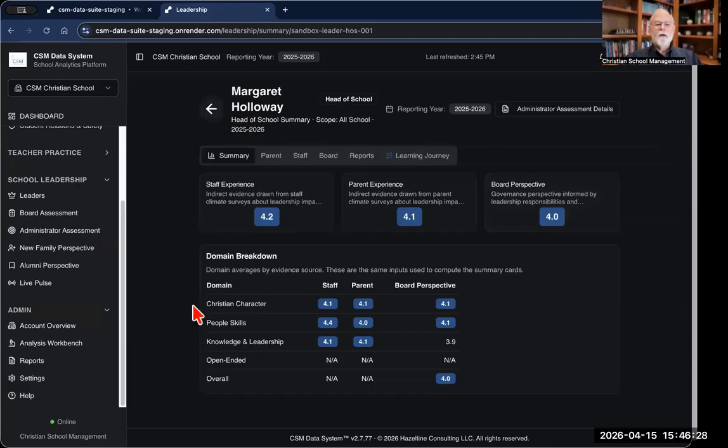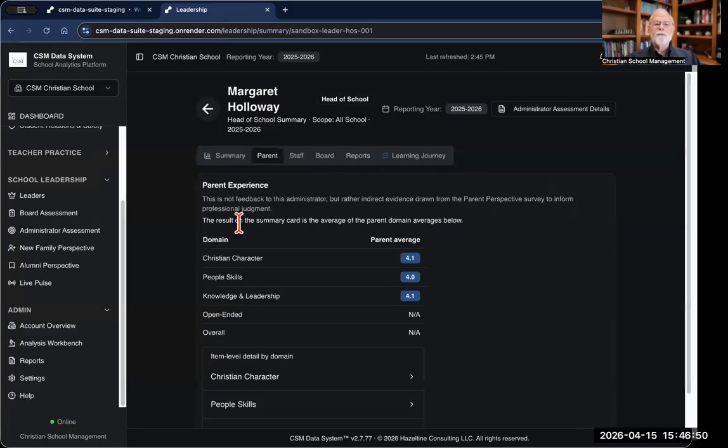So if we go into and look at these reports for the head of school, we see there's a summary page. There are the domains that we look at: Christian character, people skills, knowledge, and leadership, as well as opportunity for open-ended comments. And this feedback includes indirect feedback from parents and students, and staff rather. And by that, I mean these are pulled from the parent perspective survey.